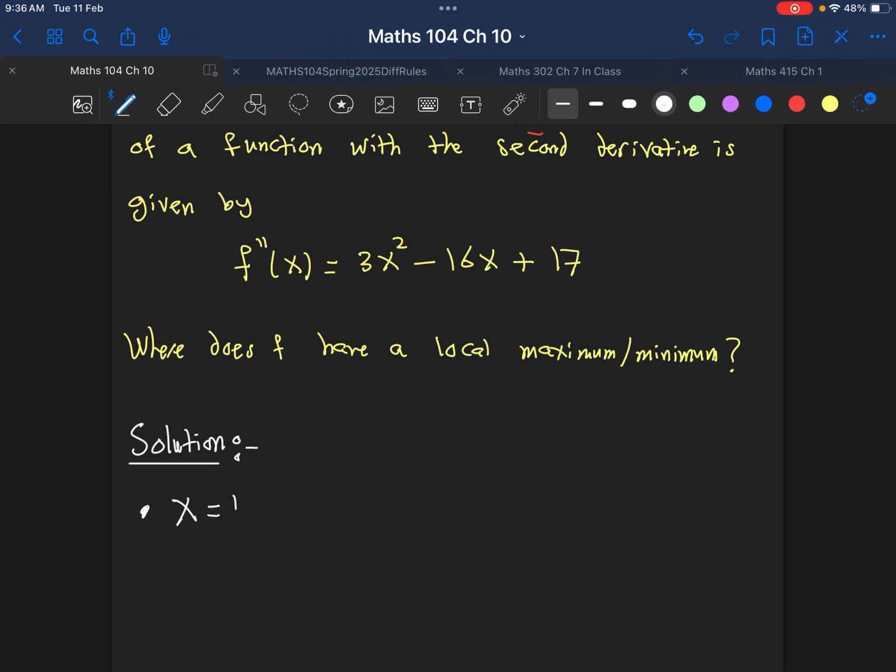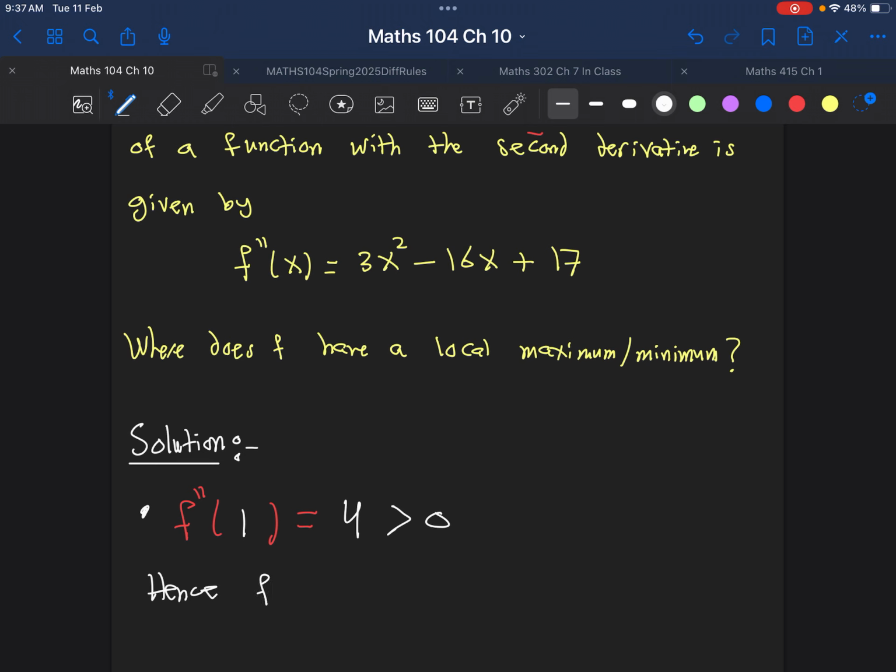So first I substitute x equal to 1. So directly I'll just write f double prime of 1. How much do we get? We substitute 1, we substitute 1. That means 4.